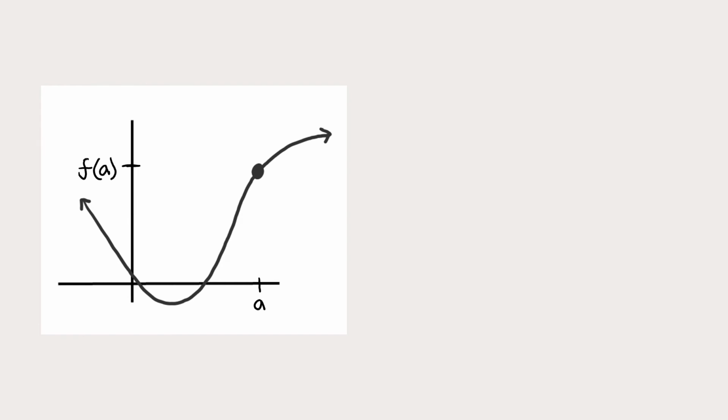So we have this point of tangency, which is the point (a, f of a). And that tangent line would look, well, not quite like that, would look something like this. So we can see that there's a tangent line. We're just not quite sure what the slope of that tangent line is.